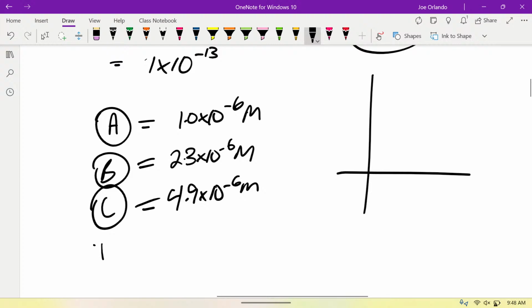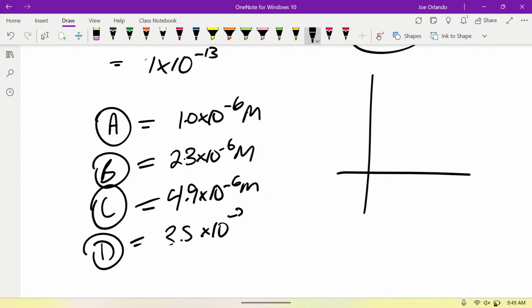But then I have D, and it's actually 3.5 times 10 to the negative 3 molar. And then I have E, and it's 1.8 times 10 to the negative 1 molar. Are these all concentrations we could actually work with? Any reason we couldn't prepare any of those? Right? Sure, you do a dilution, you weigh out the mass. We can make all those solutions, right?